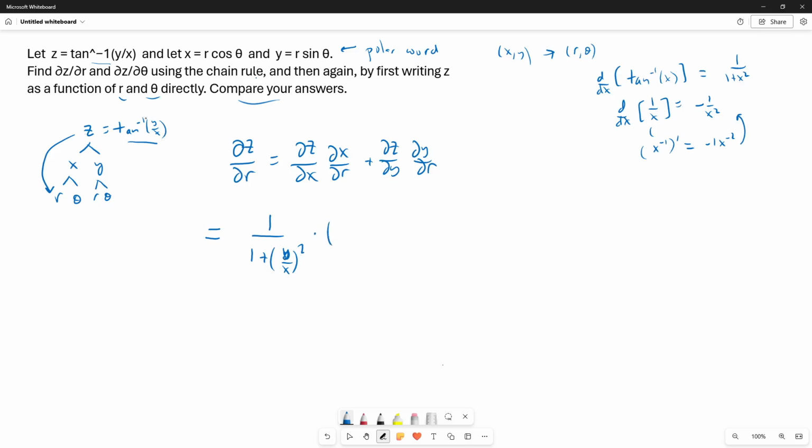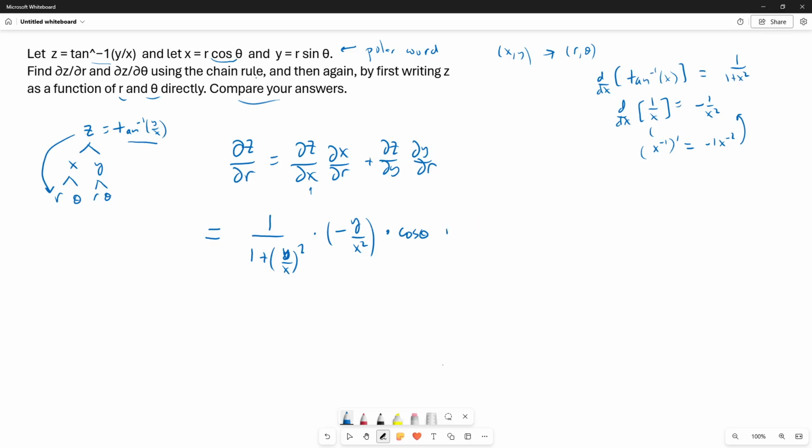The derivative of y over x with respect to x is negative y over x squared, because the derivative of 1 over x is negative 1 over x squared. And then the derivative of x with respect to r: x is r cosine theta, so the derivative with respect to r is cosine theta.